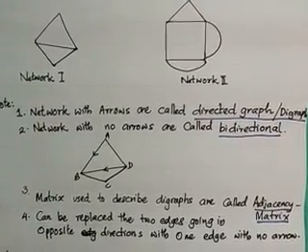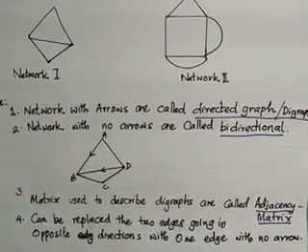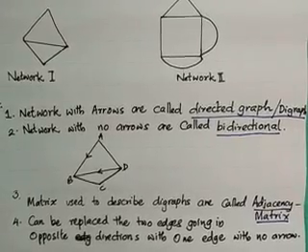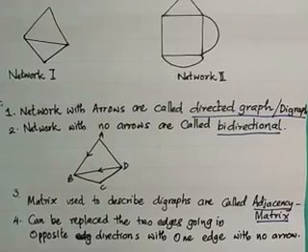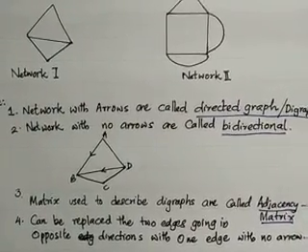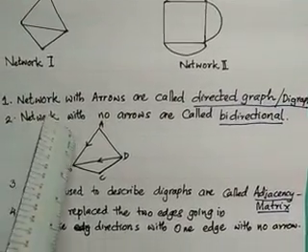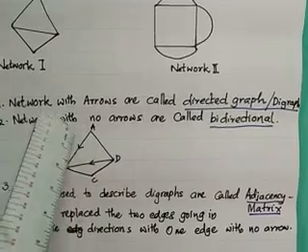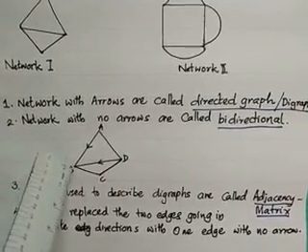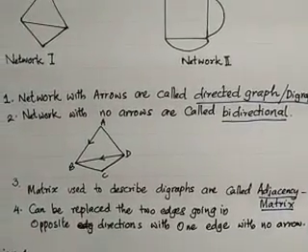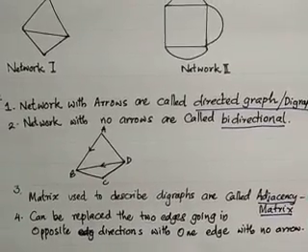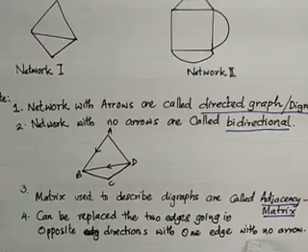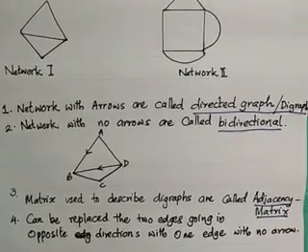Then the fourth point is, can we replace the two edges going in opposite directions with one edge with no arrow? Sometimes there will be movement with direction A to B as well as B to A. You can represent that by an edge with no arrow.